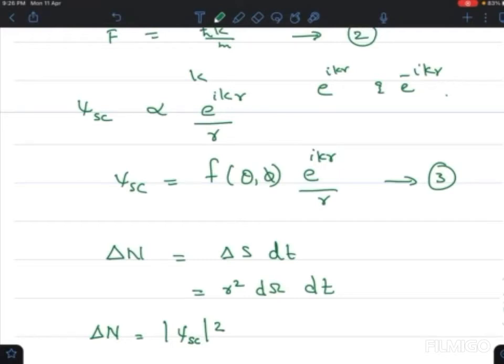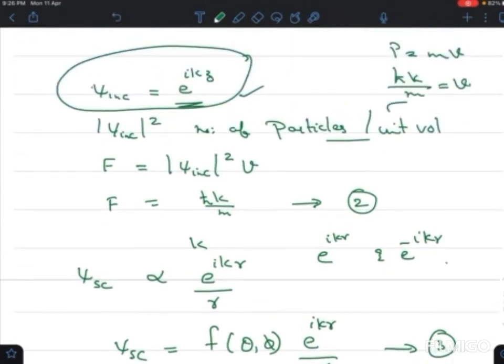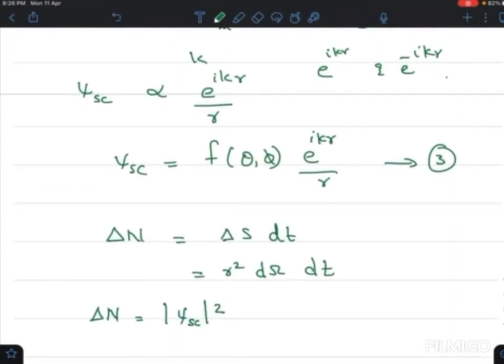into the velocity. Now you know how velocity can be represented, no? We have written that here, h cross k by m, into r square d omega dt. And we know that psi scattered square is this one.